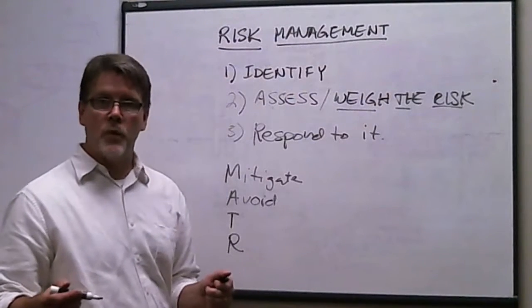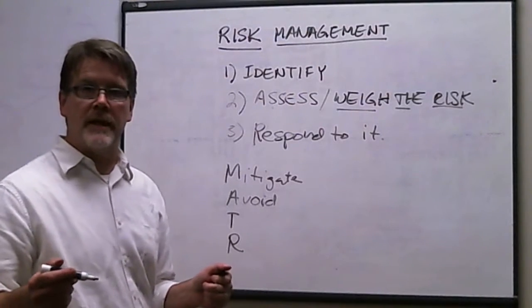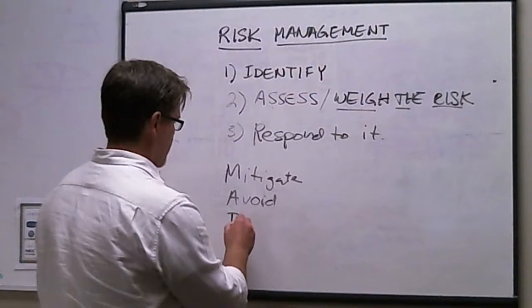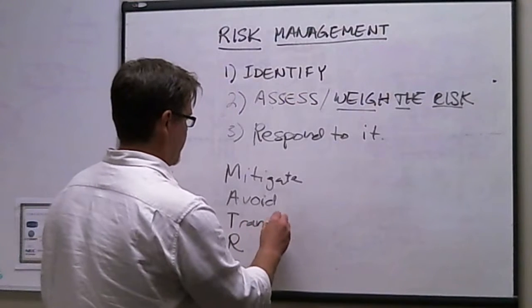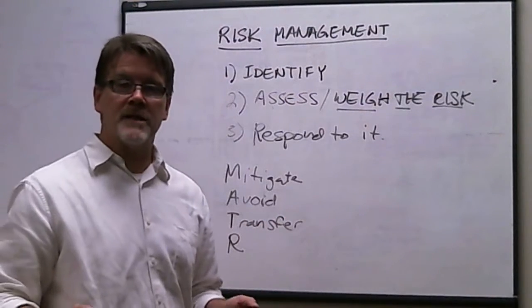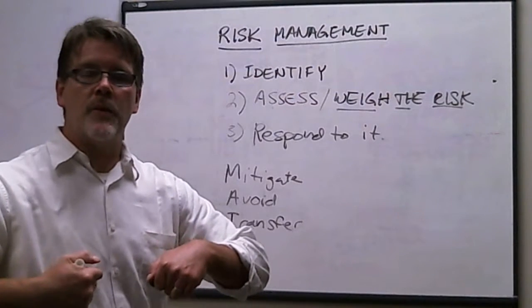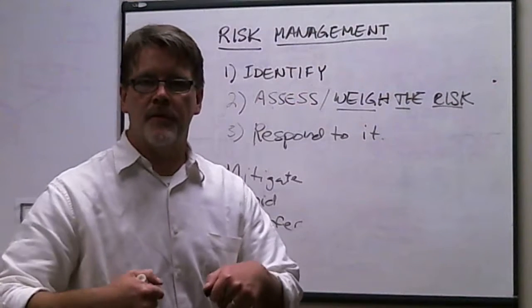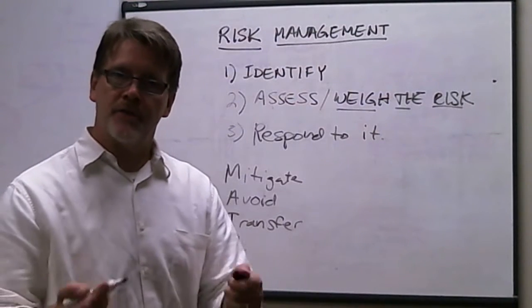This is one you all will certainly relate to, and this risk is transfer. So we can transfer risk. That is, we will pay someone else through some sort of contract and transfer that risk.